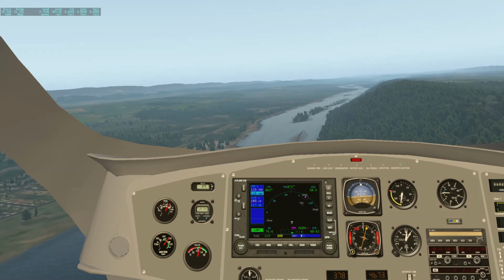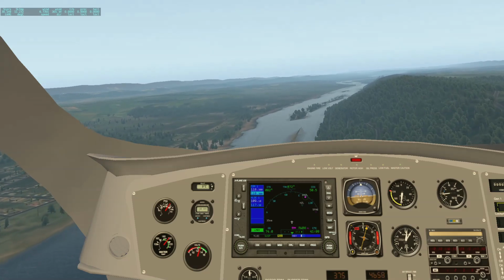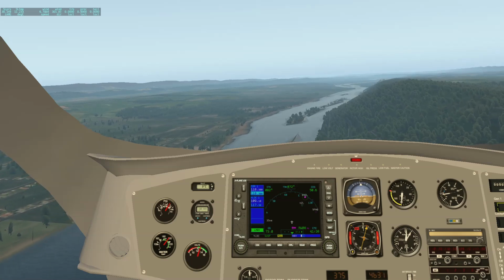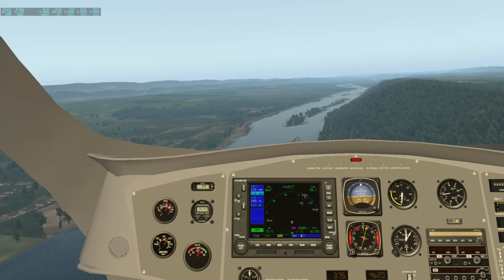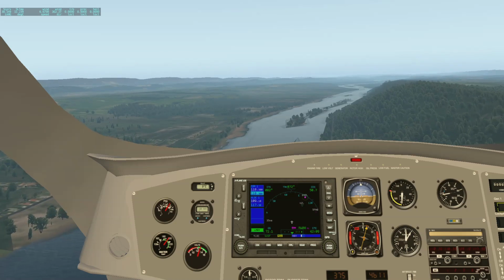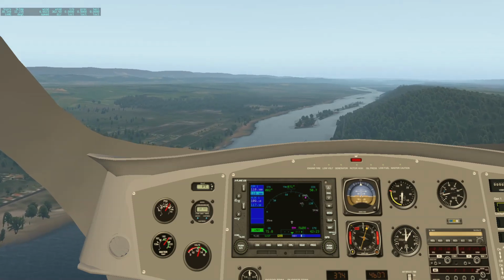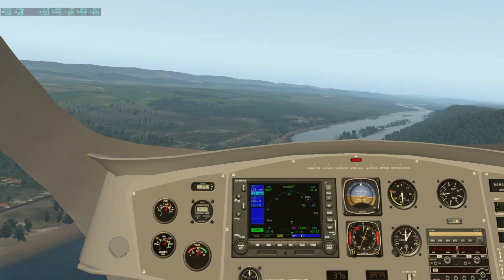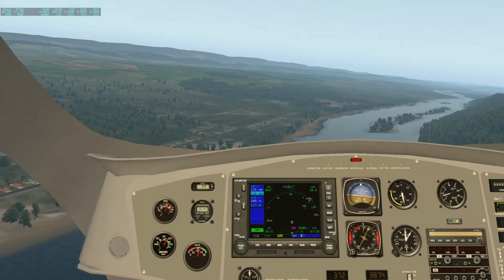So right now I have around 4,700 RPMs. It's a pretty low power setting. I'm doing right about 80 knots. If I want to come in for a landing, I'll throttle back a little bit, start slowing myself down.